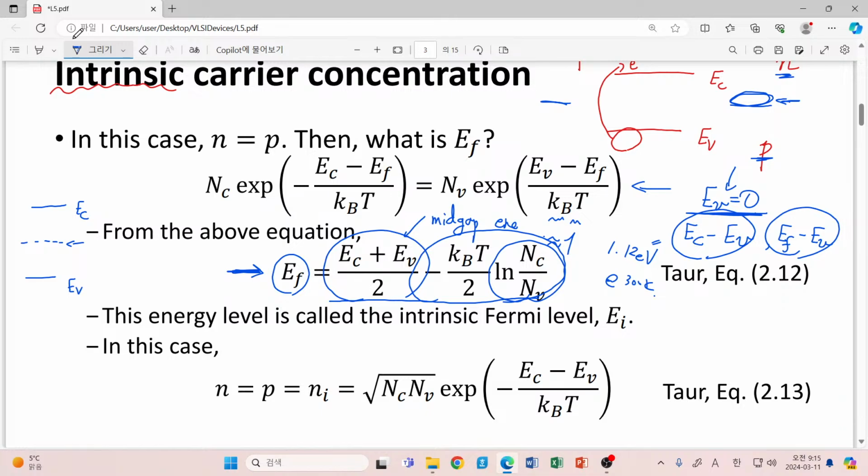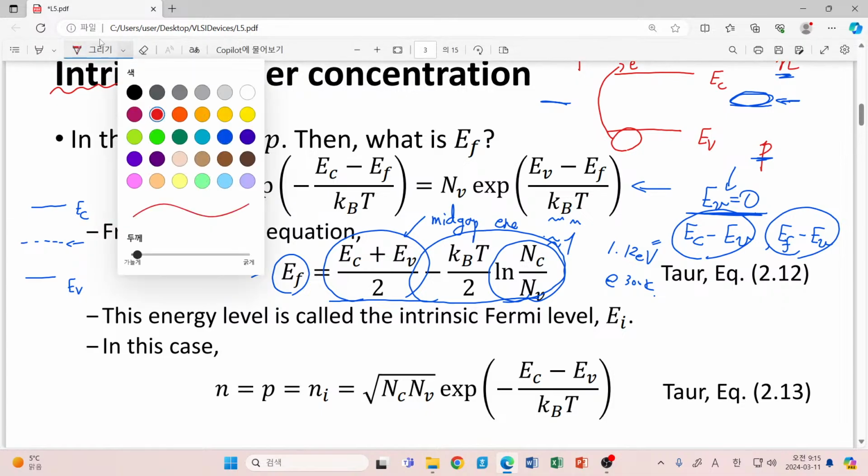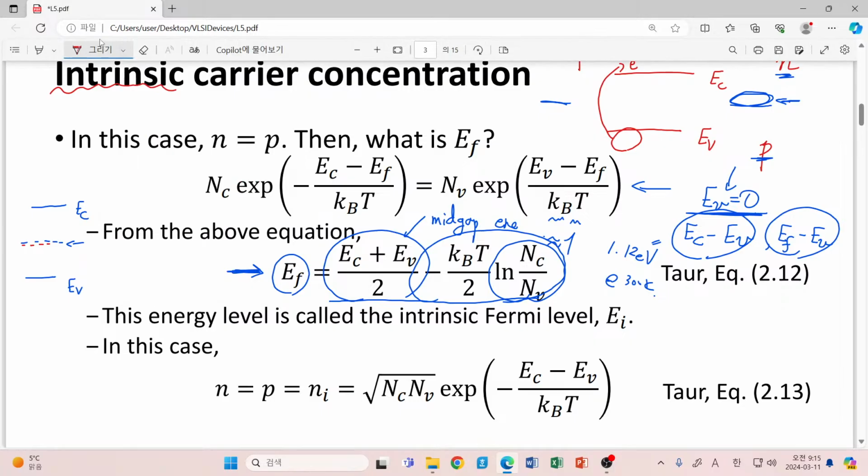So at 300 Kelvin, thermal energy is just 25 or 26 milli electron volt. So this deviation is relatively low. You can see that although we have a slightly different level, when we consider the scale, which is about 1 electron volt, this difference is just around 10 milli electron volt.